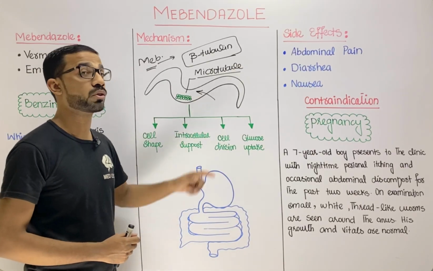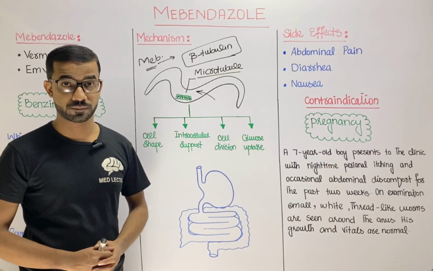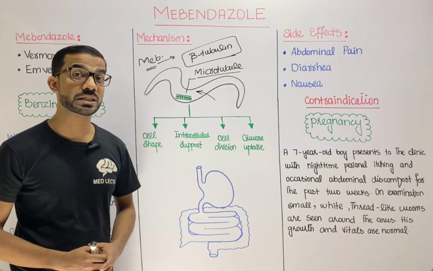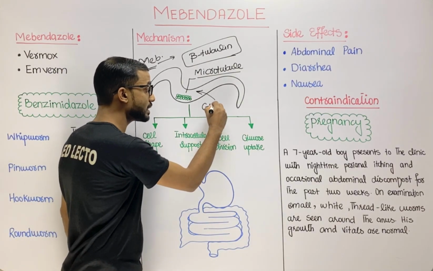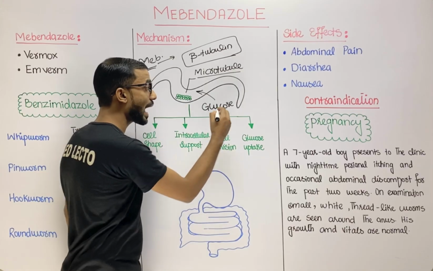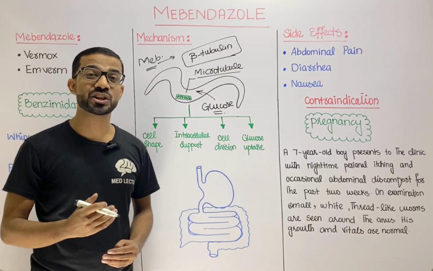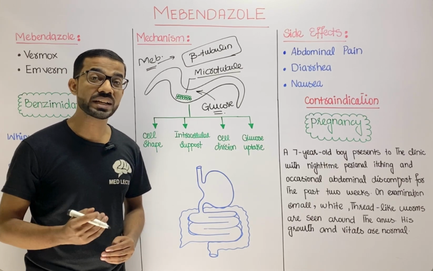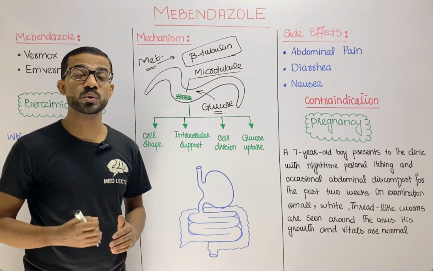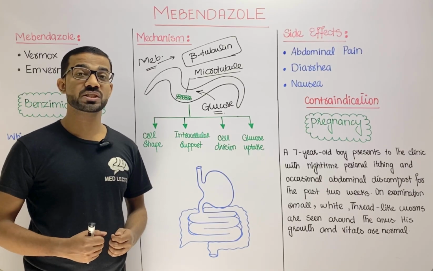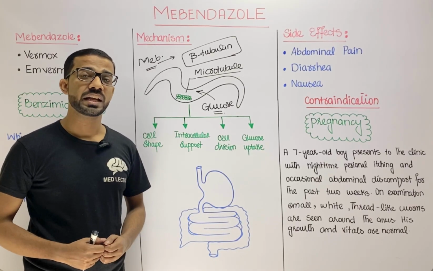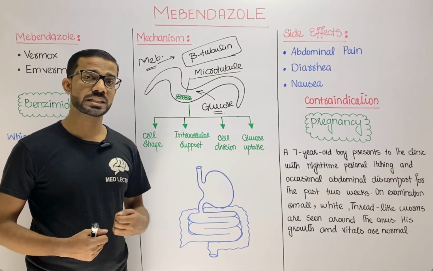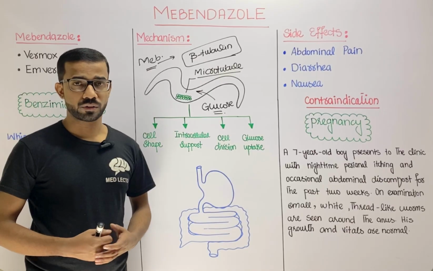Whenever you see a disturbance in the formation of the microtubules, it means that glucose uptake will also be reduced, and ultimately you will see a reduction in ATP formation inside the body of the worm. After the reduction of ATP, you will see depletion of energy, and ultimately the worms start dying.